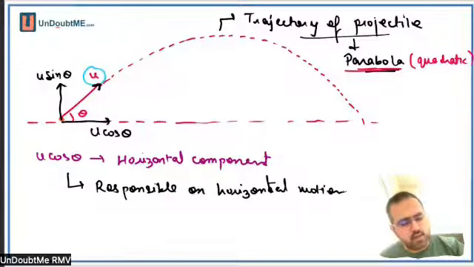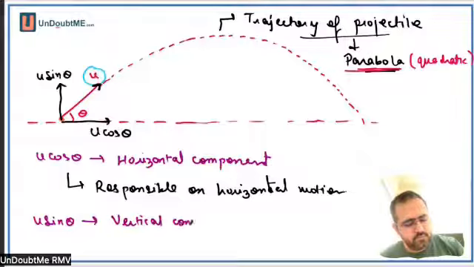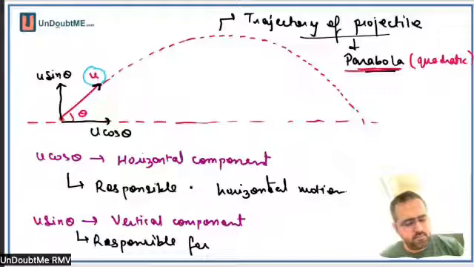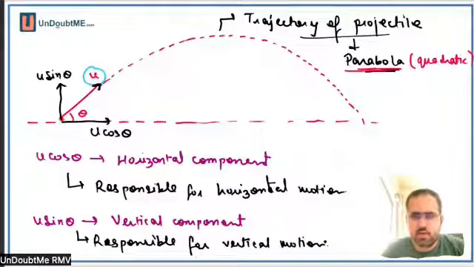Similarly, u sin theta is a vertical component and it is responsible for vertical motion. Till here, do you have any question or any doubt?